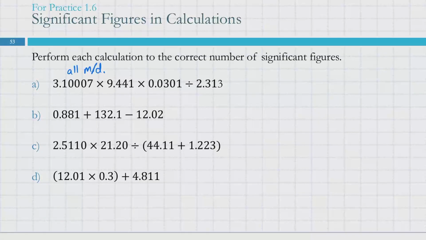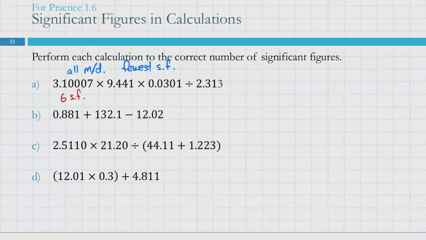What's our rule for multiplication and division? Anyone remember? Yeah, fewest sig figs. So do we just plug it in? We don't have to do anything for order of operations because it's all multiplication, division. So we want to count up the number of significant figures that we have. For our first number, we've got non-zero numbers and we've got interior zeros, so they're all significant.